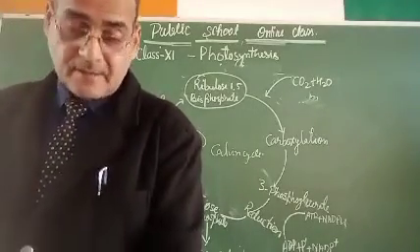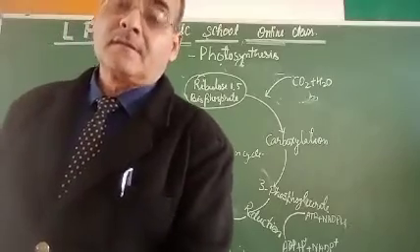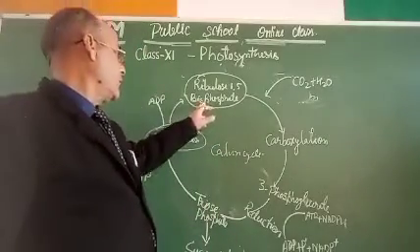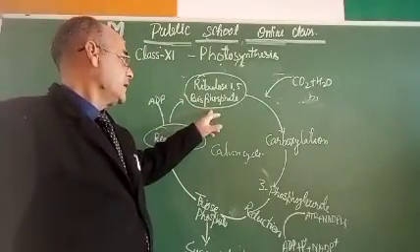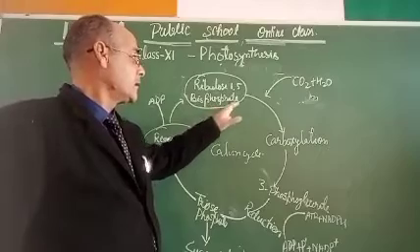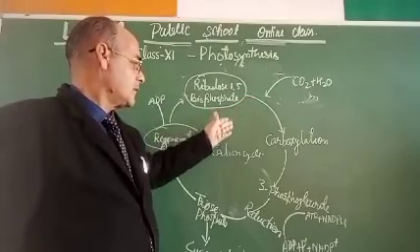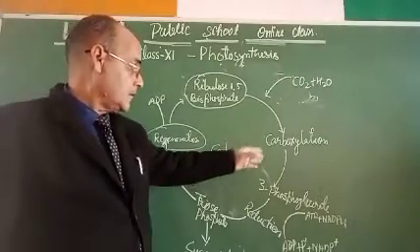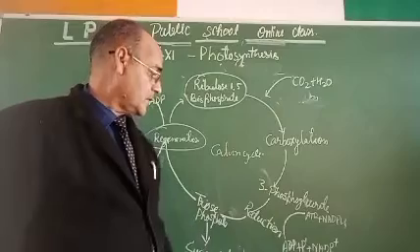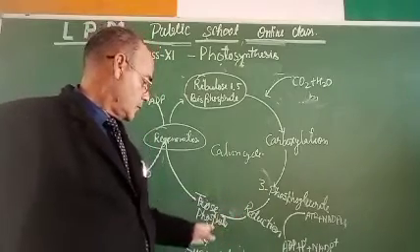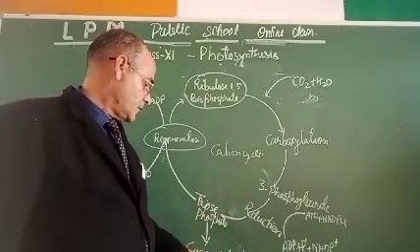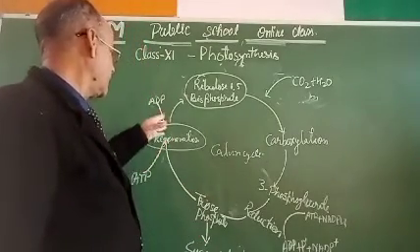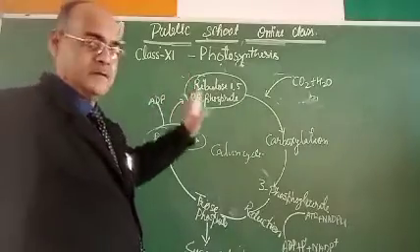So my dear students, you will see all the details of this Calvin cycle. In this cycle, 3 processes are involved: carboxylation, reduction, and regeneration. This is the intermediate compound which is formed during the dark reaction, and when the carbon dioxide comes together, the carboxylation takes place, and the formation of 3-phosphoglycerate, which reduces to the formation of triose phosphate, which leads to the formation of sucrose and starch, and it leads to the regeneration by utilizing energy and formation of this intermediate compound.